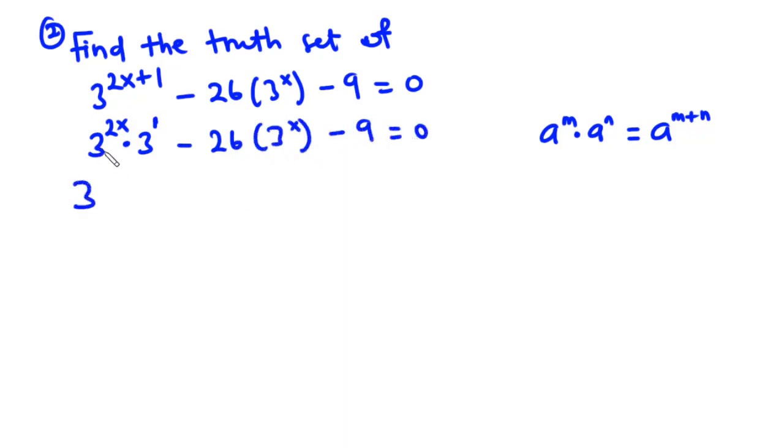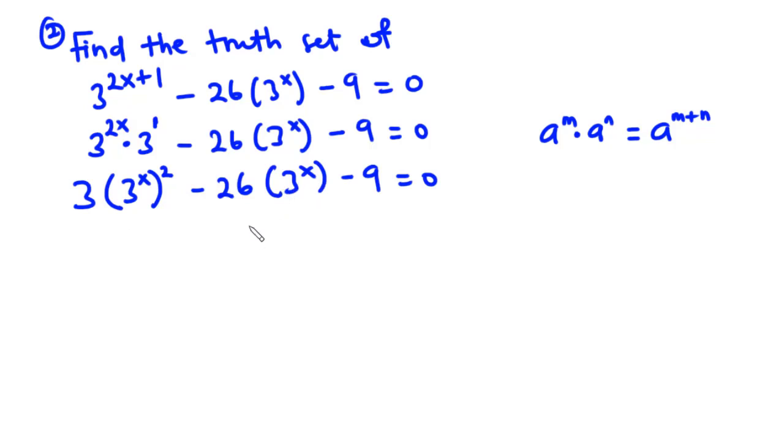Now 3 exponent 2x is the same as 3 exponent x all squared, times 3, minus 26 times 3 exponent x minus 9 equals 0. Now because we have 3 exponent x here and then we also have 3 exponent x here, let's try to represent this by another variable.